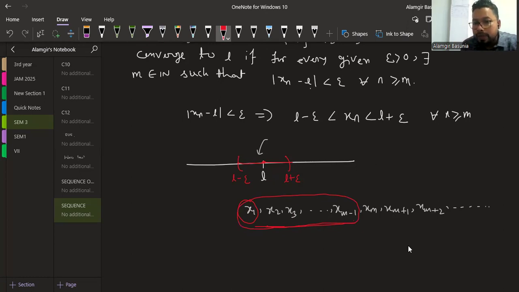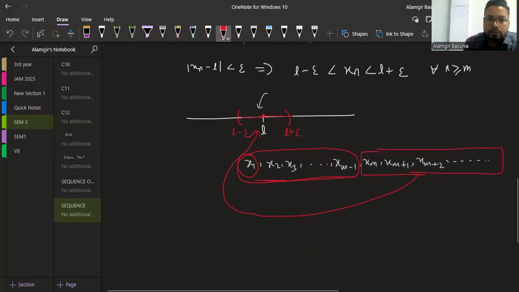But starting from x_M, all the remaining terms must belong here only, L minus epsilon to L plus epsilon.